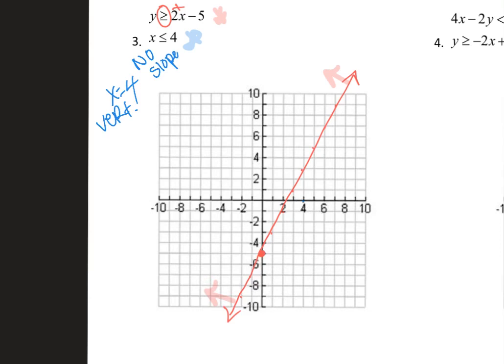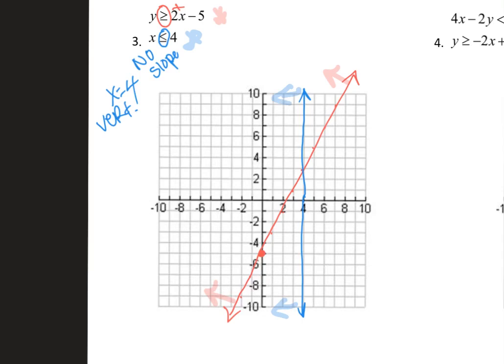So I have 4 here, and it's going to be vertical. It is less than or equal to, so I'm going to draw a solid line there. Less than, remember, is shading to the left.